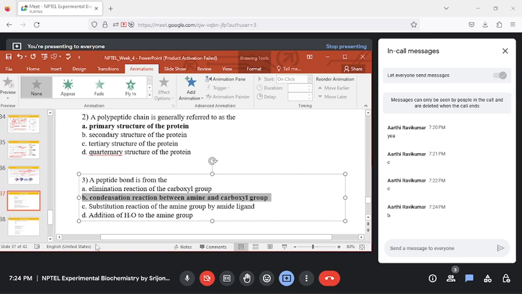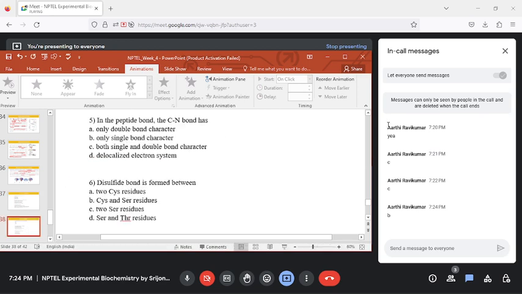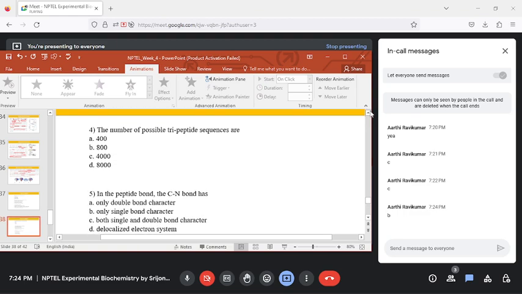Okay. Now moving to the next set of questions. The number of possible tripeptide sequences which can be formed is 400, 800, 4000, or 8000. So first we need to think that there are 20 amino acids present. How many tripeptide sequences can be formed from these 20 amino acids?